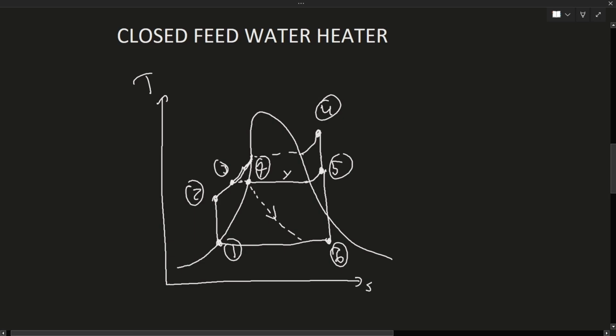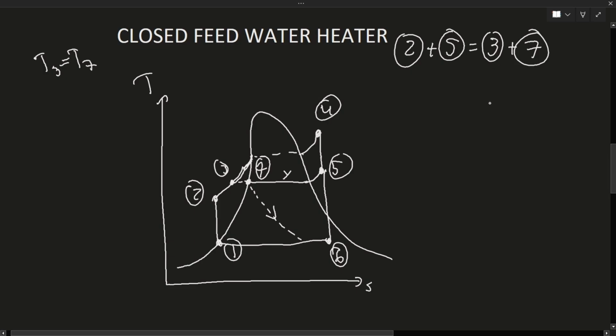Ideally, points 3 and 7 are completely horizontal, which means it's the exact same temperature, T3 equals T7. We just have to know this TS diagram by heart. Unlike the open feed water heater, the water at points 2 and 5 combine at points 3 and 7. They don't combine at one place like the open feed water heater.